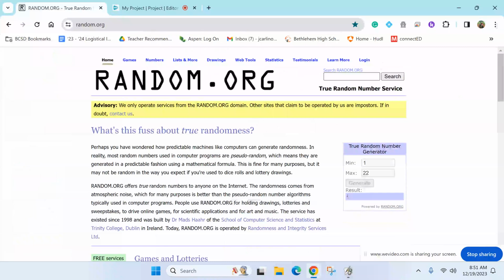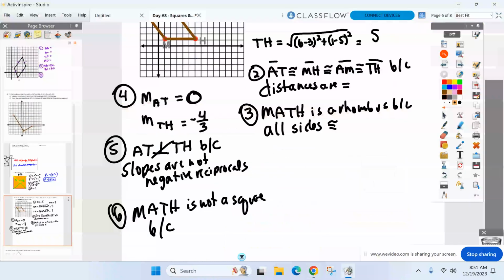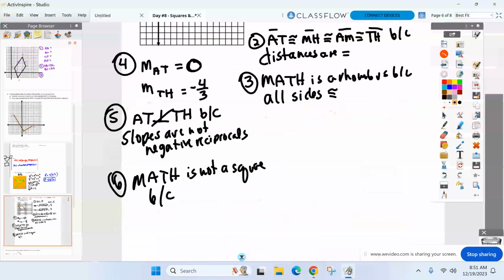Simon, in your best wording, why is it not a square? It doesn't have the properties of a rectangle. Which one in particular, though? What did we just show here? Because AT and TH aren't perpendicular, it doesn't have a... Right.